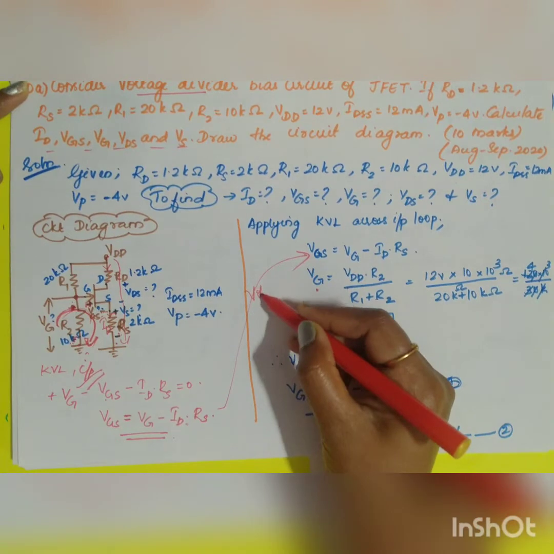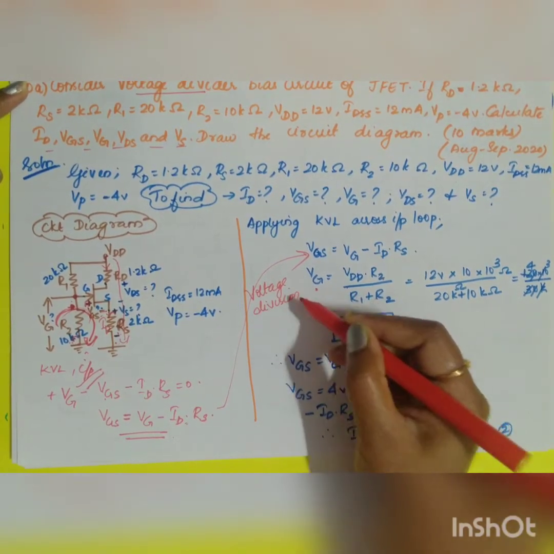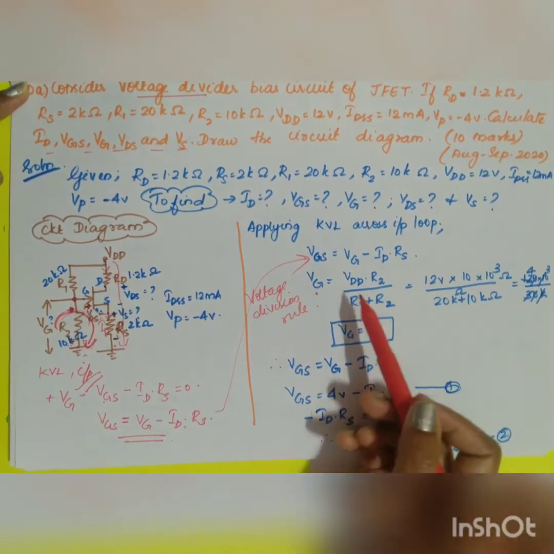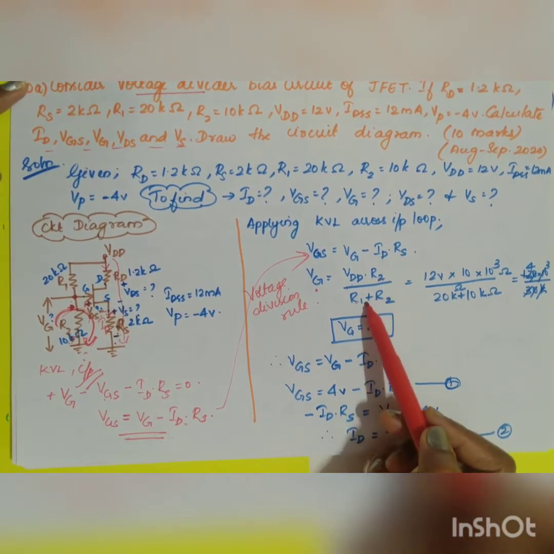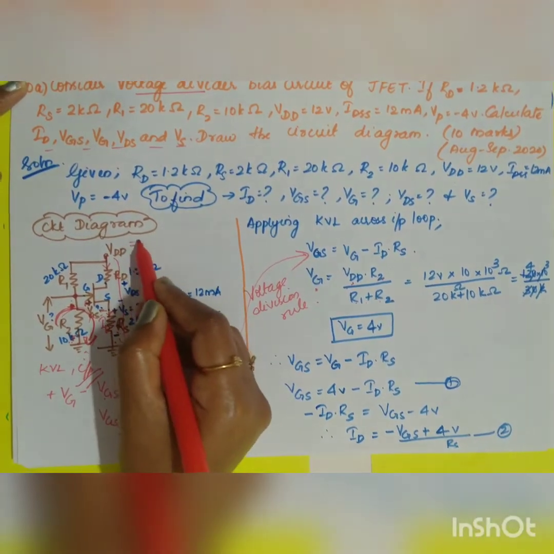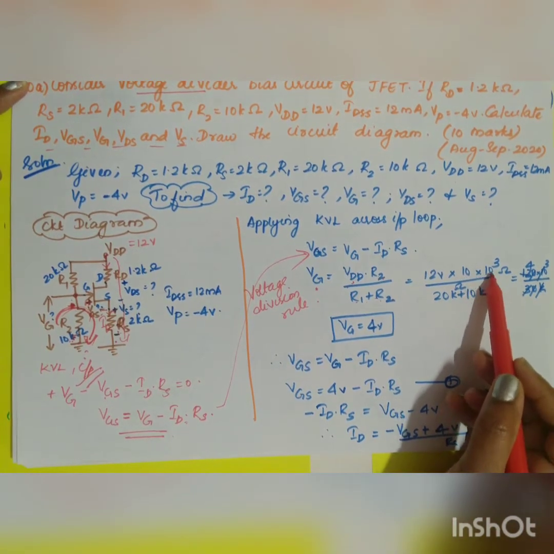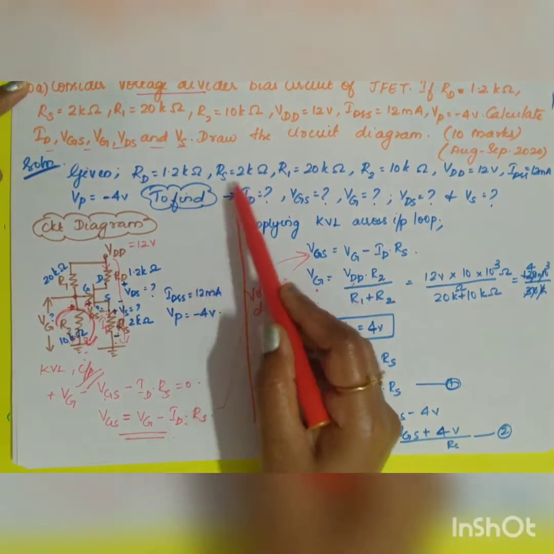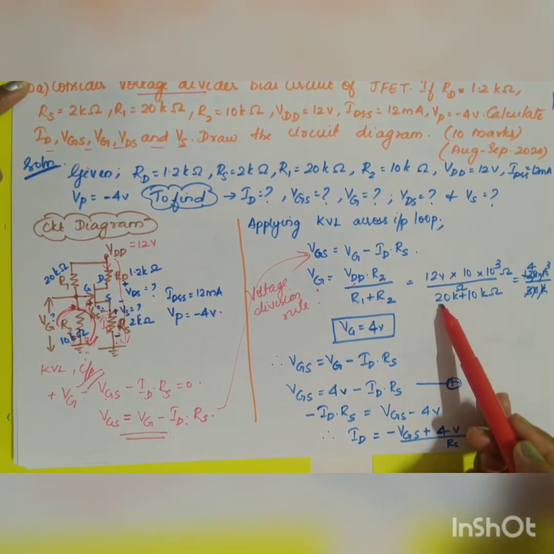This is due to your voltage division rule. You will be getting VG is equal to VDD into R2 divided by R1 plus R2. VDD is given, VDD is equal to 12 volt. So 12 volt into R2, which is 10 kilo ohm, divided by the total resistance, R1 plus R2.